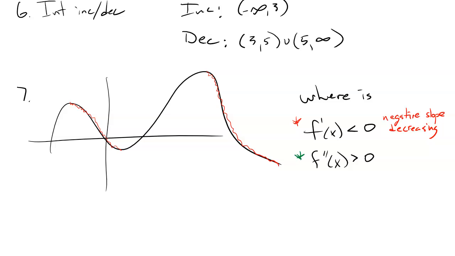What does f double prime of x greater than 0 mean? Good. Concave up, or curving upwards, different ways. So concave up would be right here, and then right here. Those sections would be concave up.